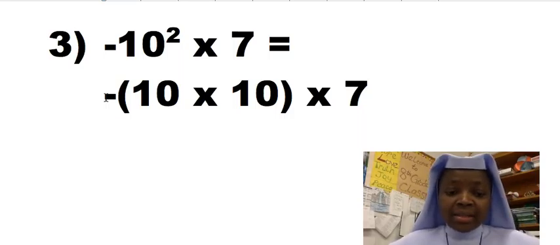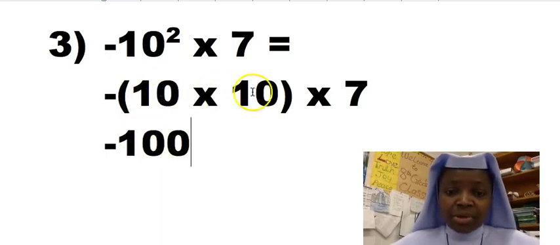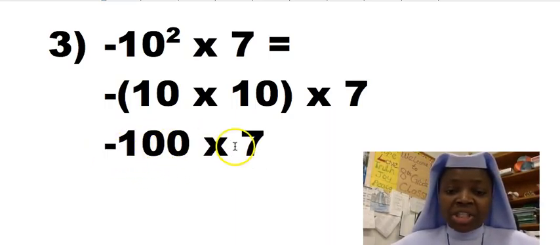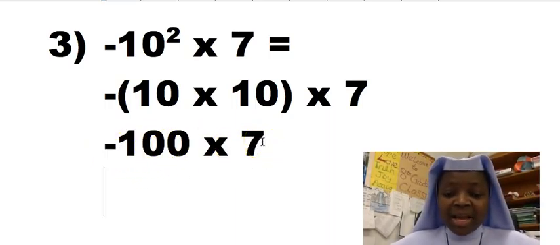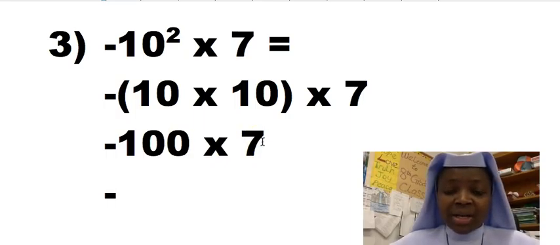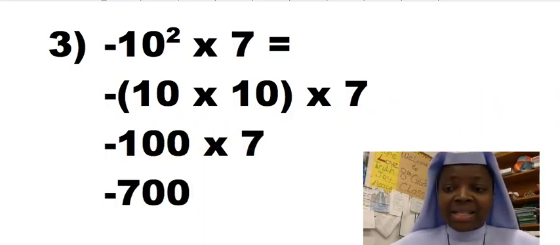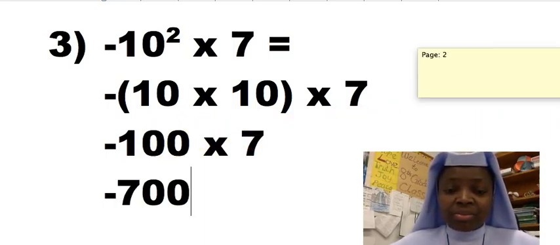And then you keep the negative, and then you multiply 10 times 10 is 100, because both are positive, and then times 7. So now we have a negative integer times a positive integer. They have different signs, so our answer will have a negative sign, and 100 times 7 is 700. Okay, and that's our last answer.